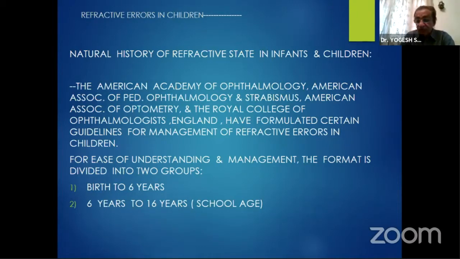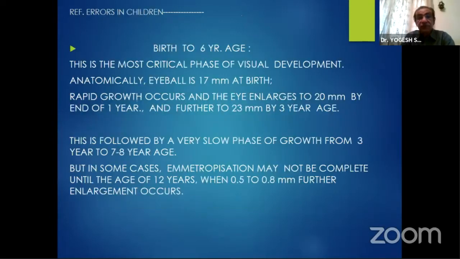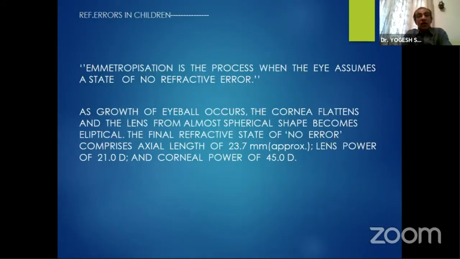What we should also know in this series is what is emmetropization. We always strive for emmetropization, and we always want the patient, the child, the infant to be emmetrope.